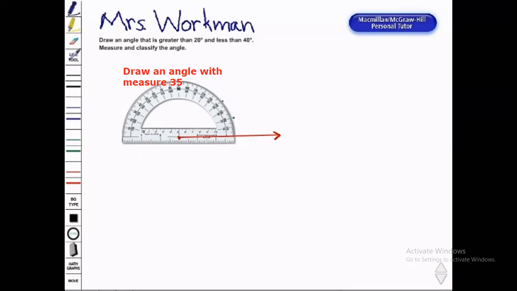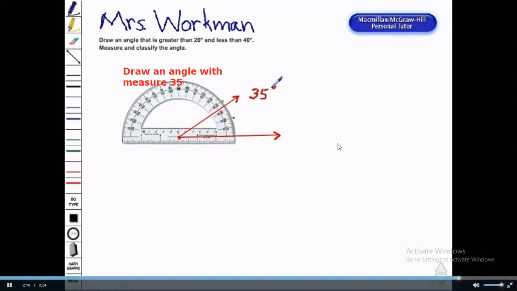We'll start at the vertex and draw a ray that goes in between the 20 degrees and 40 degrees mark. 10, 20, 30. Notice this is right in between 30 degrees and 40 degrees. So I drew an angle that measures 35 degrees.